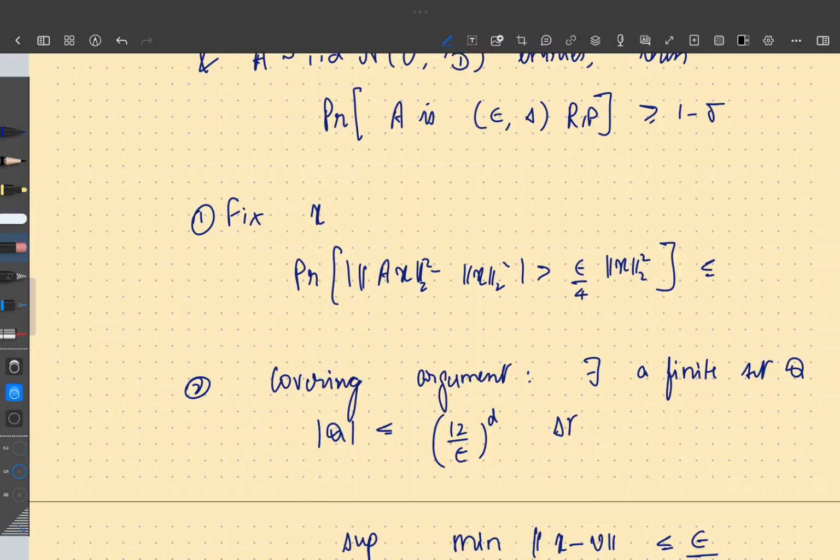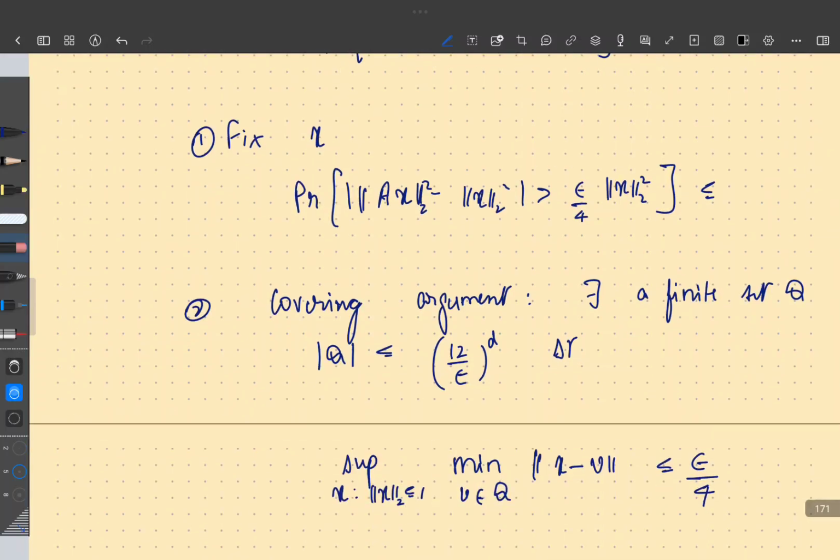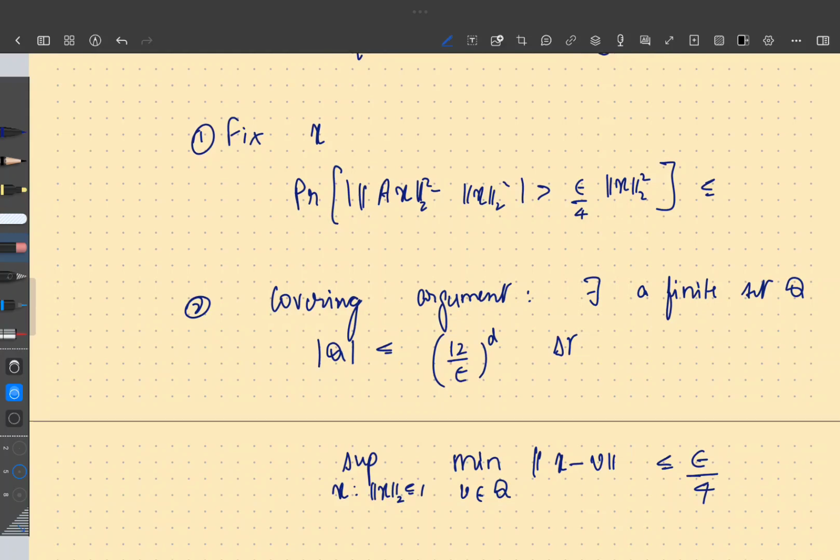I'm not giving you the exact form. But it's something that is exponentially decaying in d and epsilon square.